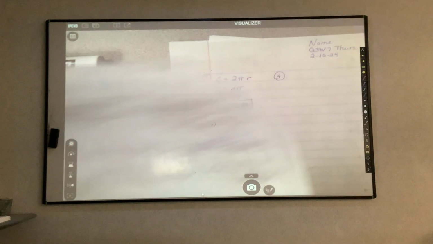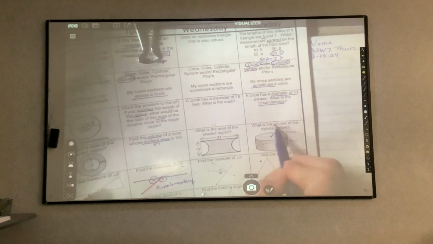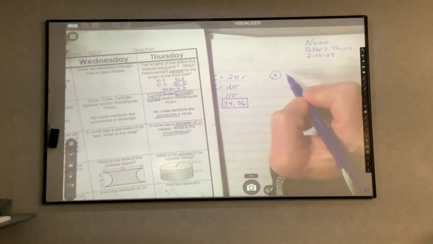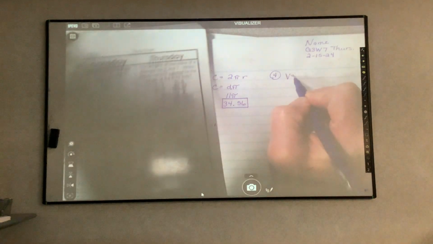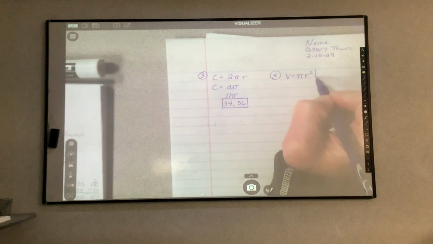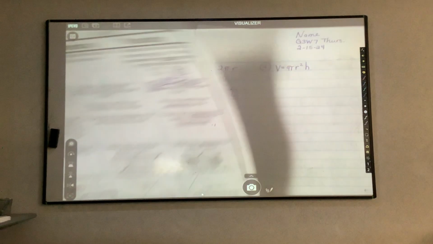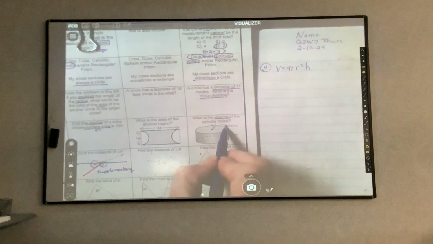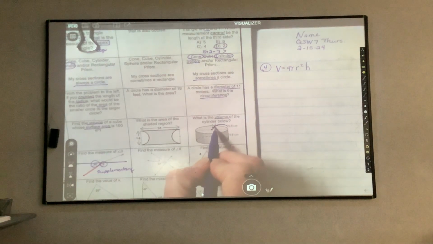Number 4. What is the volume of the cylinder below? The formula for volume is pi r squared times the height. Now in this picture, it's a little bit deceiving. It has this arrow and it points to the center.